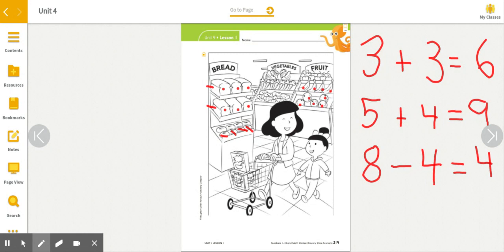We're going to look at the oranges again. So I'm going to erase my dots over here just so that it's a little easier to look at. The grocery store has 1, 2, 3, 4, 5 oranges. And let's see.